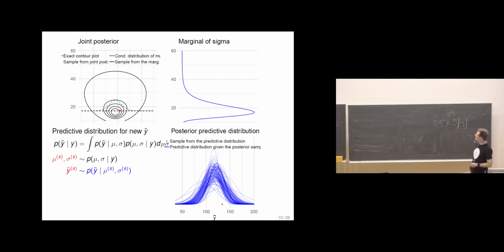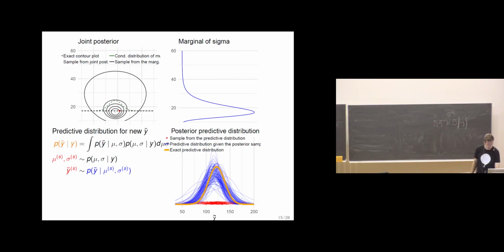Each of these predictive distributions is a normal distribution given some specific mu s and sigma s values, and from each of those we can then draw a value y tilde s. I've added some jitter so that they have different heights, but you can see that there are more of those in the middle, and fewer on the edges, and we can compare to the exact predictive distribution.